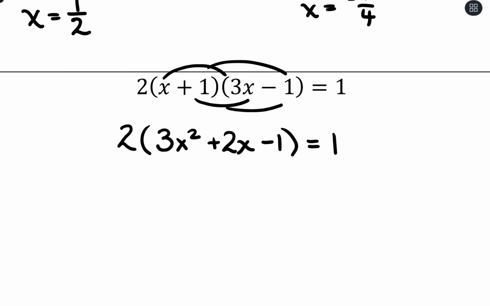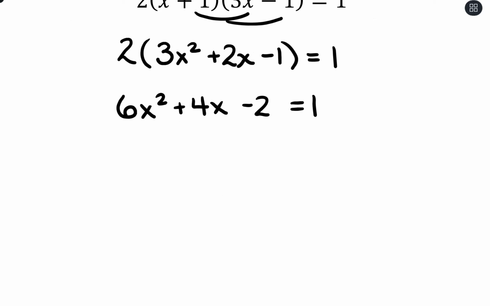And then I'm going to go ahead and distribute the 2 through, so 6x squared plus 4x minus 2 equals 1. And now that it's all simplified, I can subtract 1 from both sides. So 6x squared plus 4x minus 3, subtract 1 from both sides, equals 0.